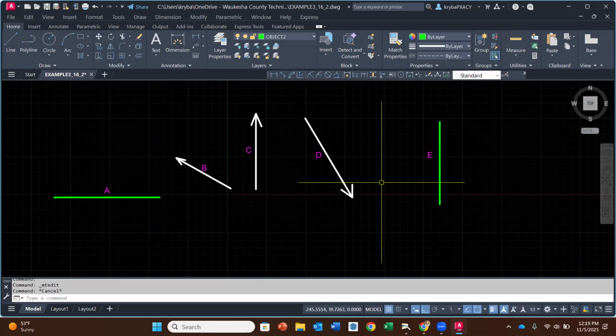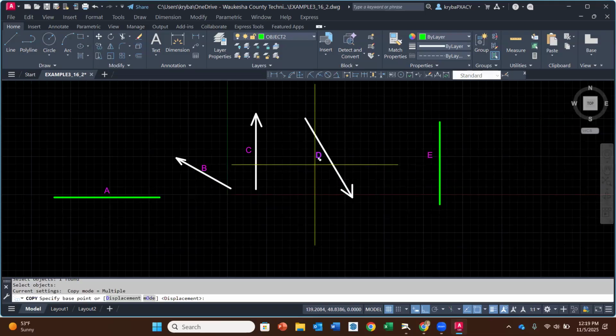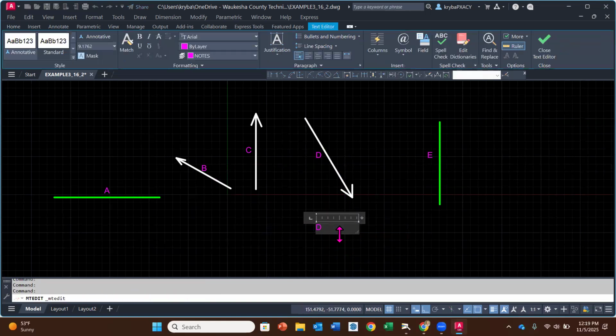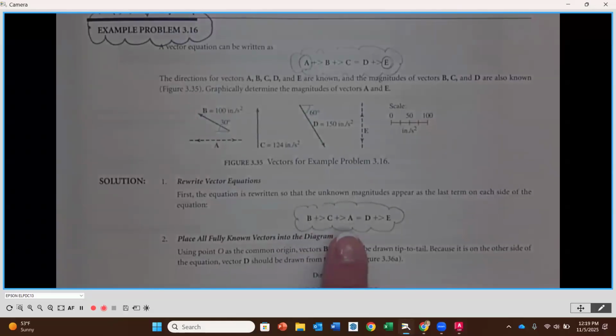Before we start putting it in place, don't forget we've got to put our equation to represent the vectors that we're going to be doing. So I'm just going to copy one of the letters. And we know that we're going to be using the second equation where we have A and E at the end of either side of the equal sign.